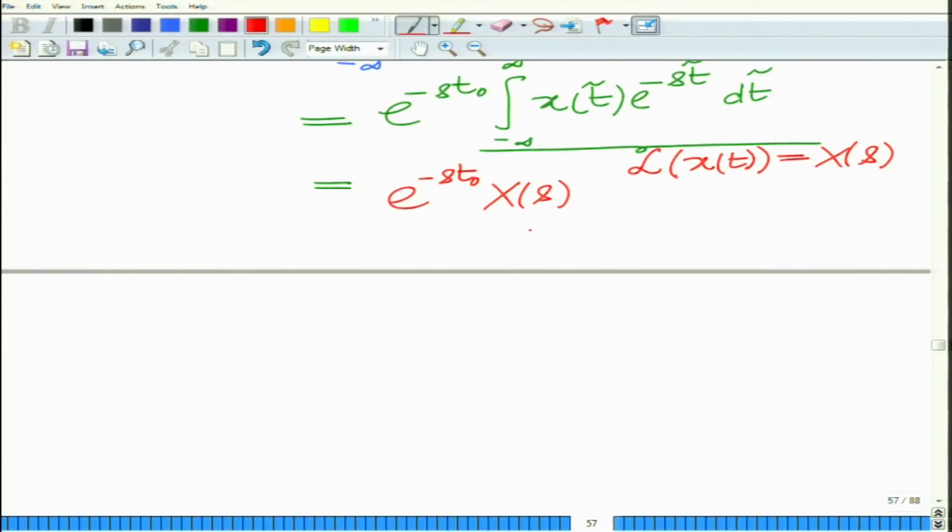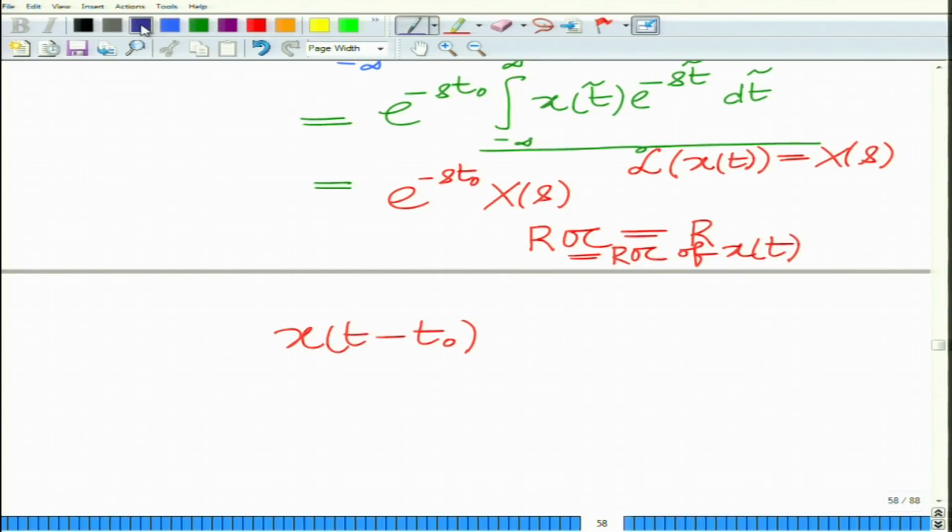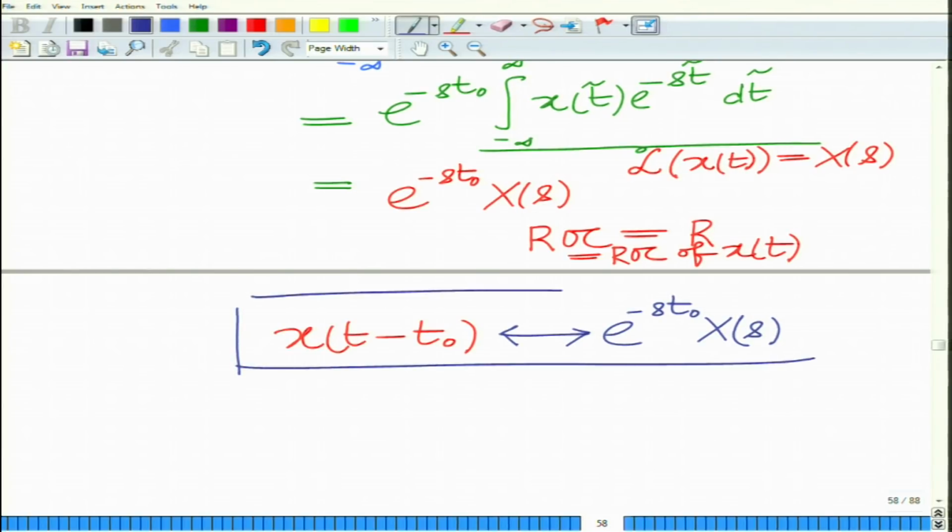So the region of convergence will be the region of convergence of the Laplace transform of x(t). Therefore, the Laplace transform of x(t minus t naught) is e power minus s t naught times X(s).